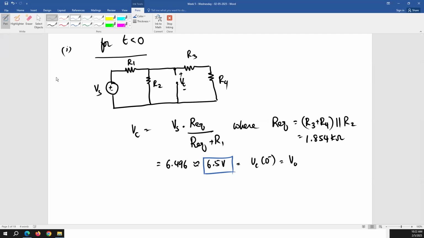And pretty much in every problem, you will have to find the initial voltage on the capacitor before you make the circuit source free, because you need to know that voltage in order to write the equation for the voltage Vt.